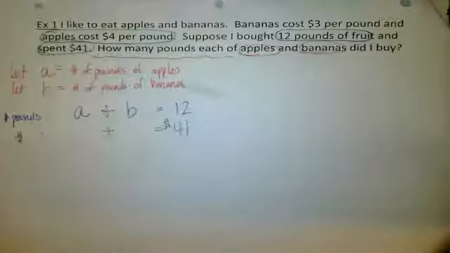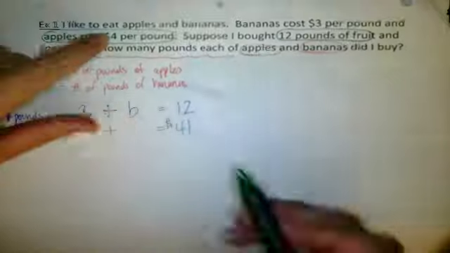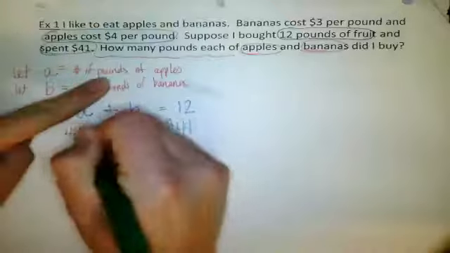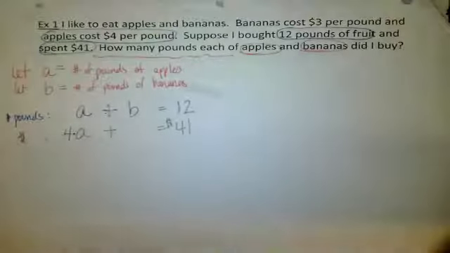If I bought 2 pounds? $8. If I bought 3 pounds? $12. What are we doing to get the 4, 8, and the 12? You're multiplying. $4 times every single pound of apples. That's a product. That's multiplying, ladies and gentlemen.